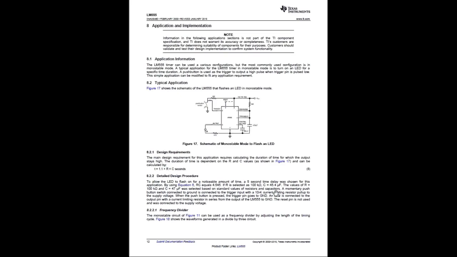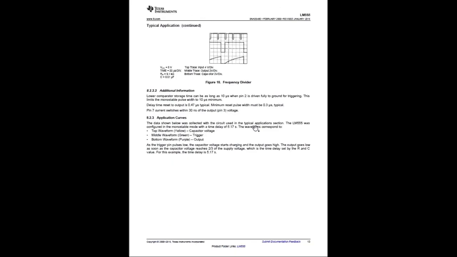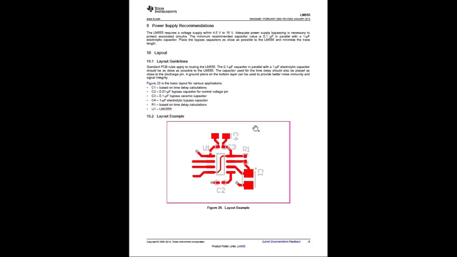These are the detailed descriptions of the application. In some datasheets, they mention layout design guidelines. If there are some common components in all circuits, they recommend how these components should be placed so that it will work best.